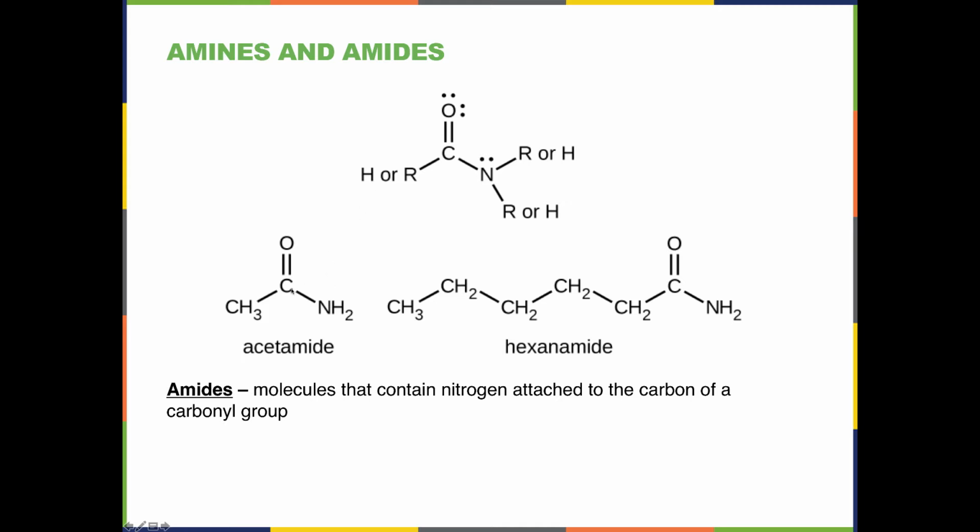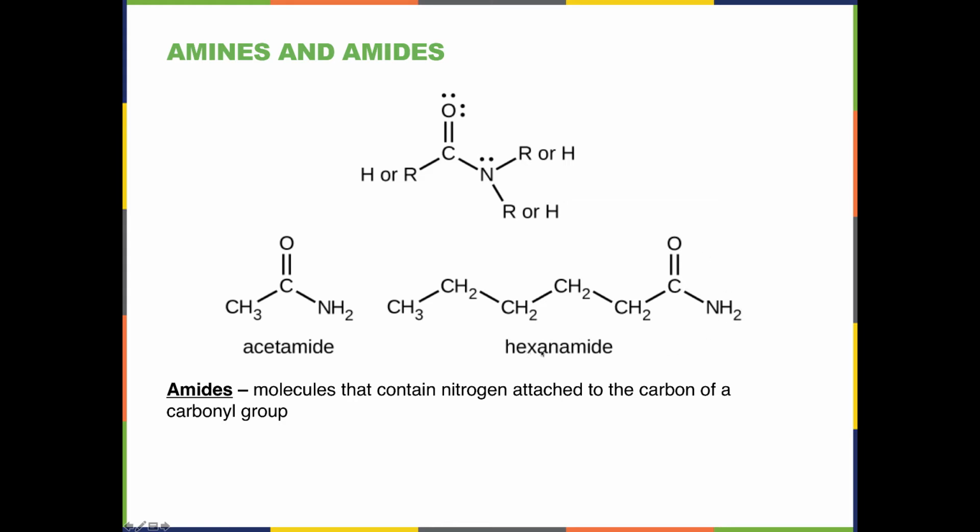So here, for example, here's the oxygen and here's the nitrogen. So you have two bonds left over here and both of those are bonded to hydrogen. You have one bond left over here and it's bonded to carbon. This one's called acetamide. It can also be called ethanamide. This is 1, 2, 3, 4, 5, 6 carbons bonded like this.